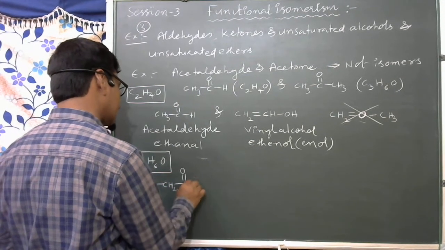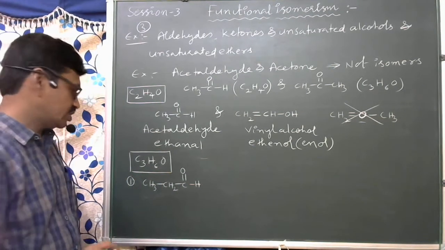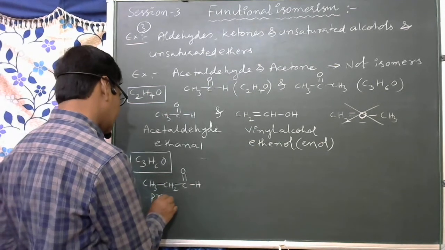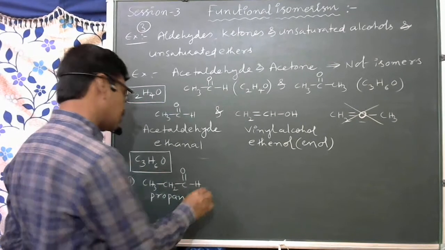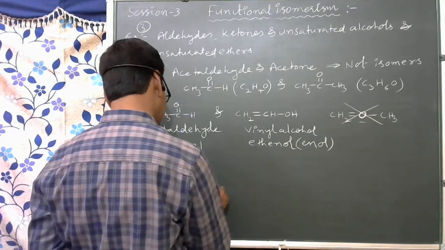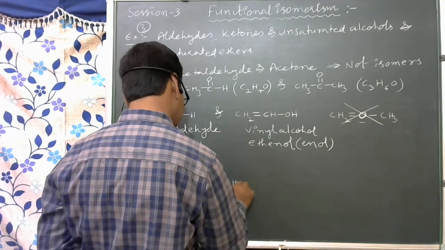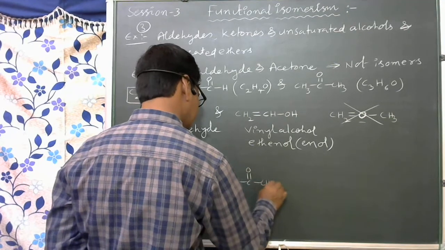This is the first compound I am writing here. Three carbons are there, so this is propanal. And one more we can write. Second one, CH3-C(=O)-CH3. This is a ketone.